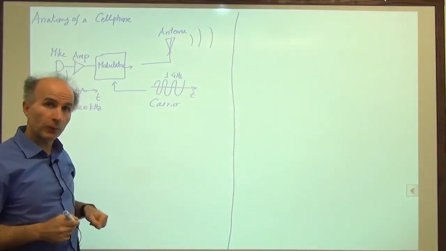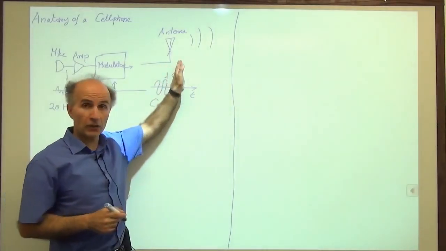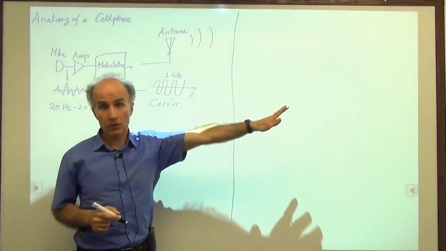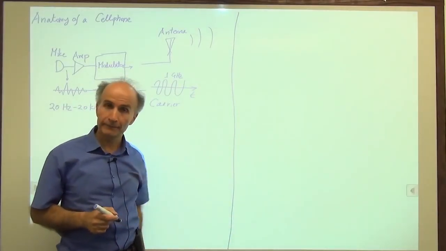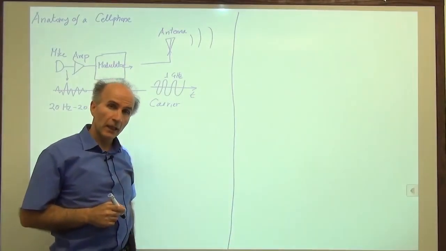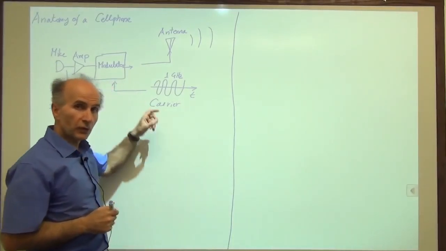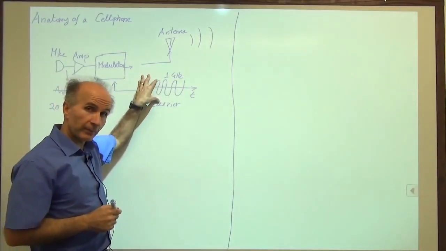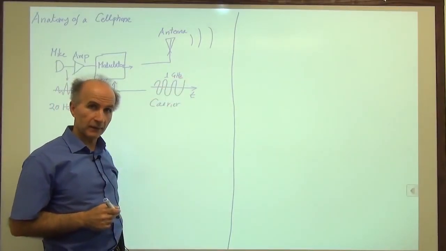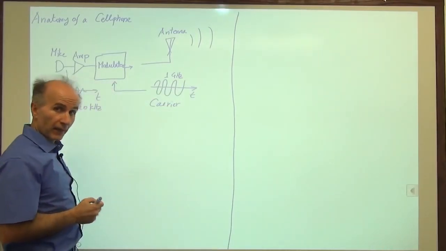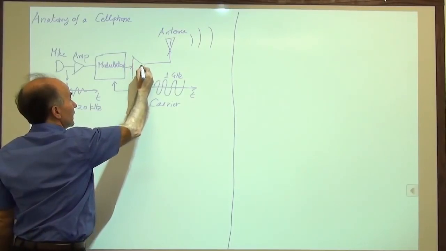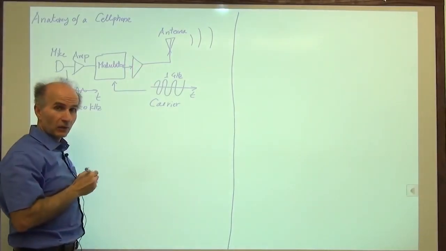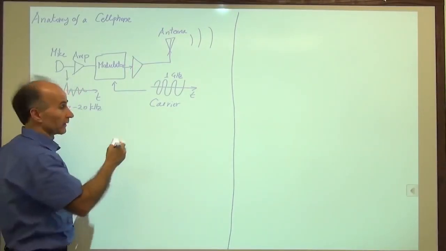But if we are hoping to transmit this information over a long range, let's say a mile or 2 miles or 2 kilometers, etc., then we might want to apply a large amount of power to this antenna. And for that, we need another amplifier placed between the modulator and the antenna, and this is called a power amplifier.